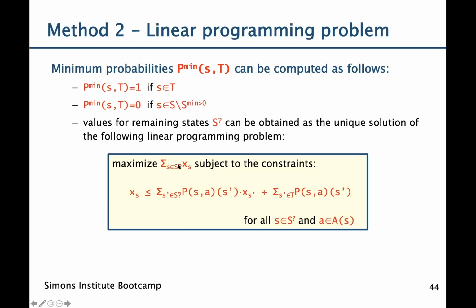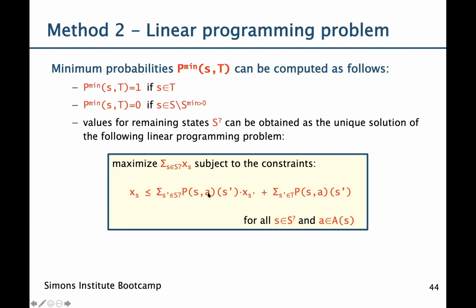So here, we want to maximize the sum of the variables xs, and it's subject to the constraint xs is less than or equal to the sum. The sum is over all of the states in S question mark. Notice this holds for all available actions in state s.